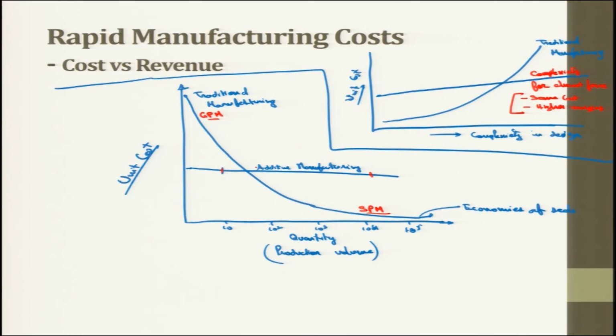This is additive manufacturing, and this is again additive manufacturing here. Conventional manufacturing technologies would have a higher cost. Here in general, if I put a scale, this is a standard product, this is the geometric complexity, and this is a very complex product.